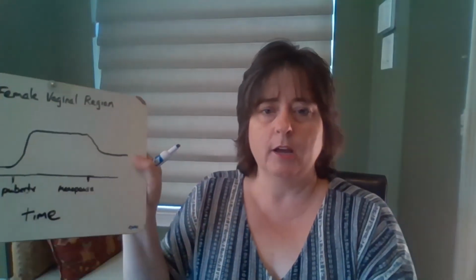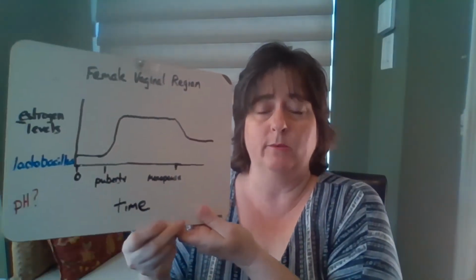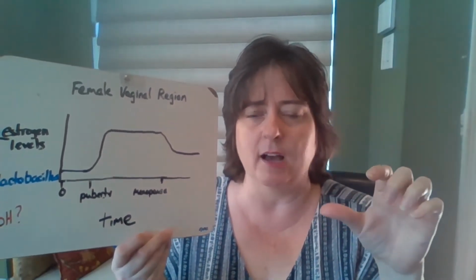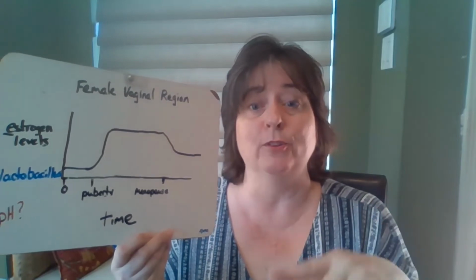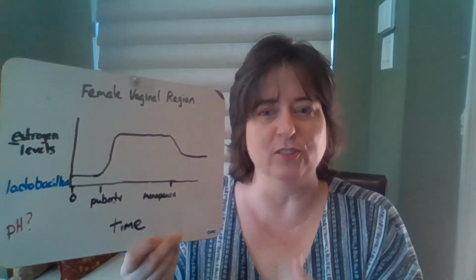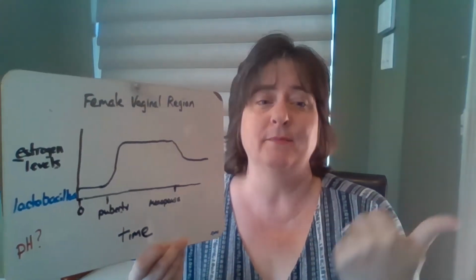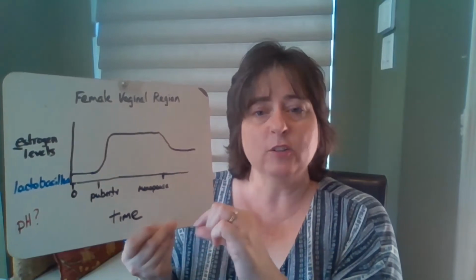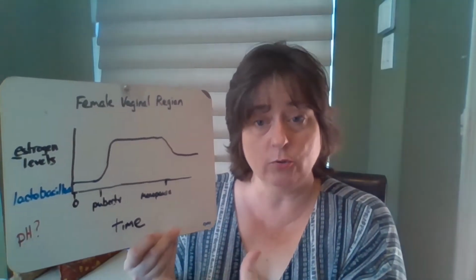Lactobacillus undergoes fermentation pathways, produces acidic end products, and we saw that lactobacillus is also the bacteria responsible for yogurt. You put lactobacillus in milk, you don't get cheese, you get yogurt. So those active yogurt cultures, that's the bacteria responsible for this.